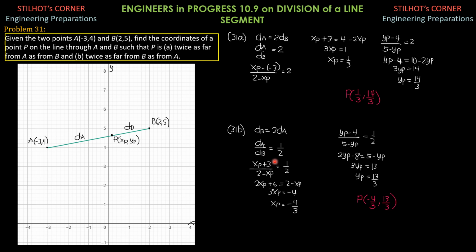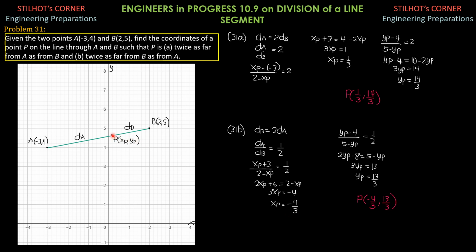So xp plus 3 over 2 minus xp for distance B. Then it is equal to 1/2. Cross multiply, 2xp plus 6 equals 1 times 2, minus 1 times xp. 2xp plus xp, 3xp, 2 minus 6, negative 4. So x sub p is negative 4/3.